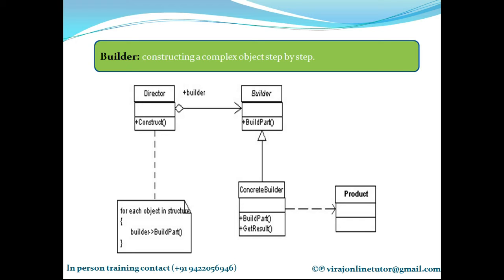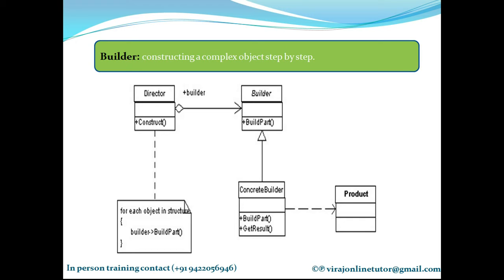If I have a complex object to be created and I want to divide the creation of this complex object into a series of steps, and I want to construct this object stepwise, then I have to use the builder design pattern.